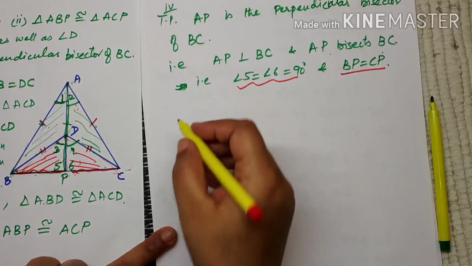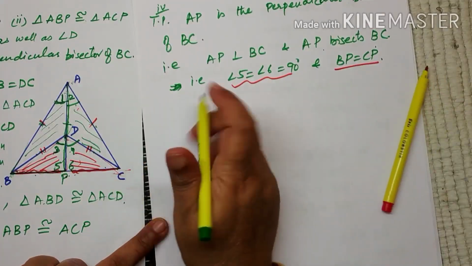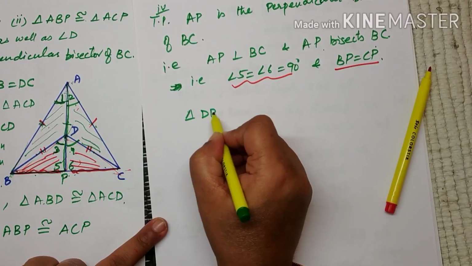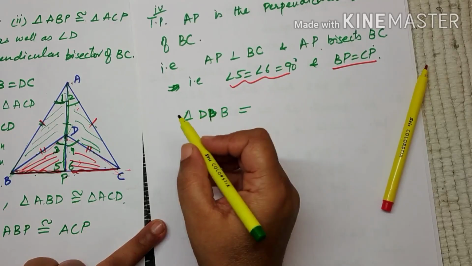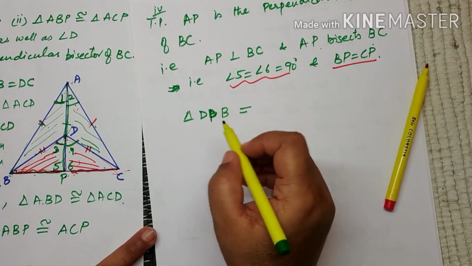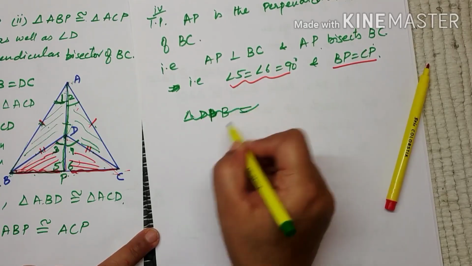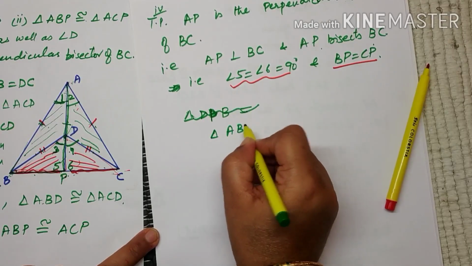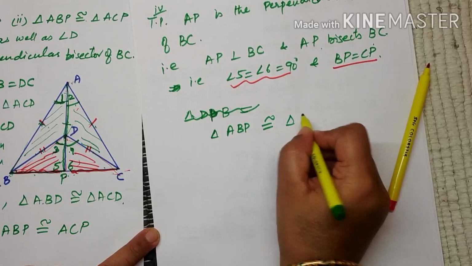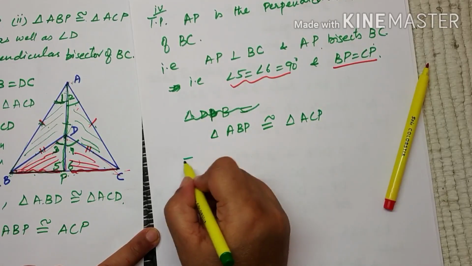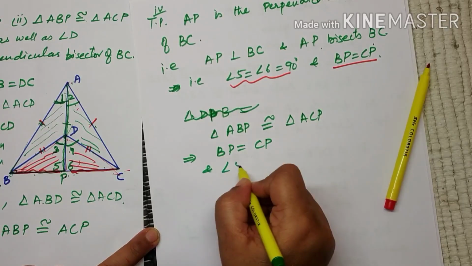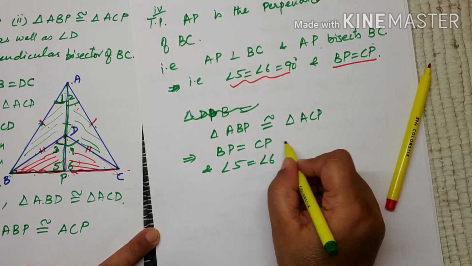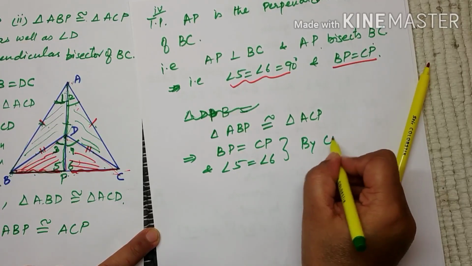Let's take triangle ABP congruent to triangle ACP, which implies BP equal to CP and angle 5 equal to angle 6 by CPCT.